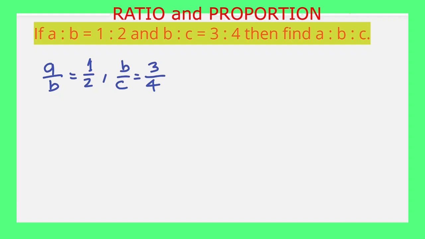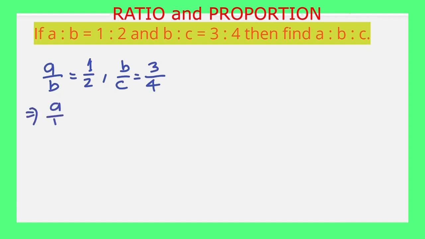So we should make both the values the same without changing the value of the ratio. We take the LCM of 2 and 3, which is 6. So we should make B equal to 6 in both the ratios.